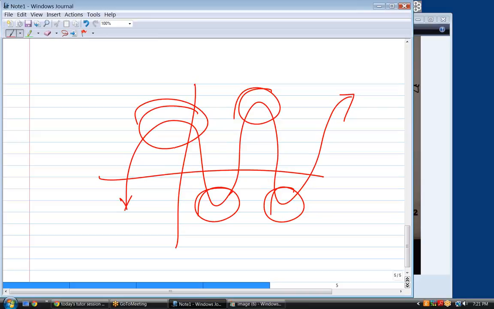For the entire function, the absolute minimum is going to be negative infinity, and the absolute maximum is going to go up to positive infinity. But within this range, you have all of these local extrema, local maximums, and local minimums.